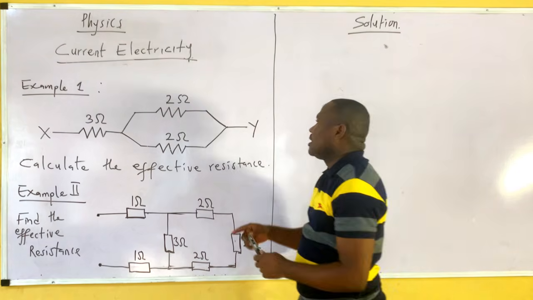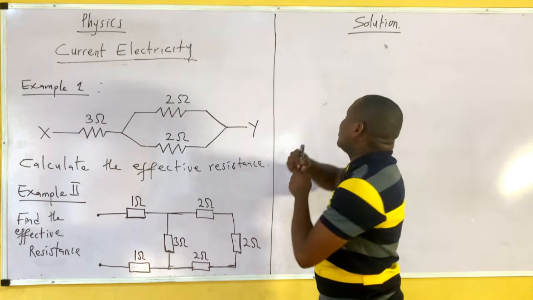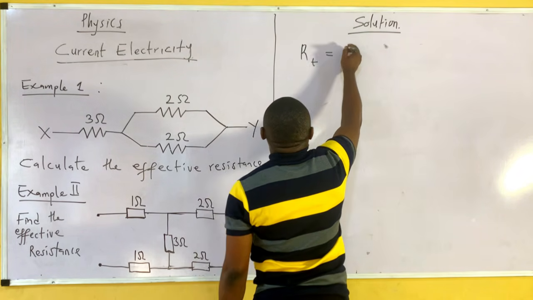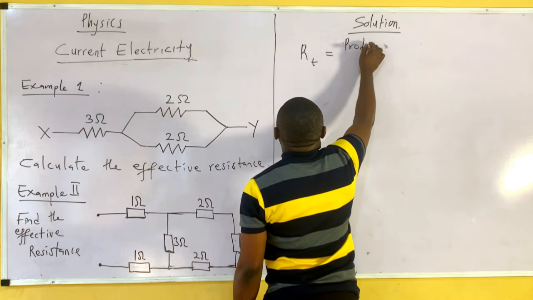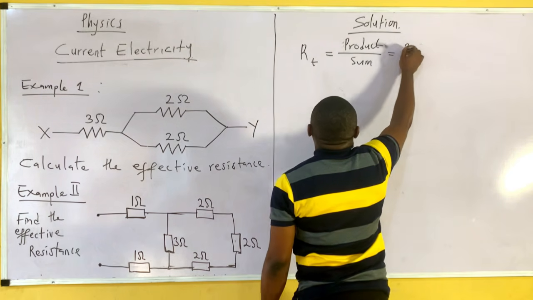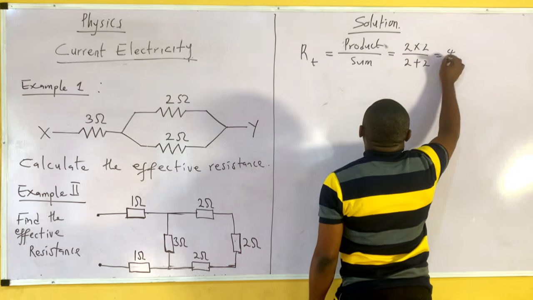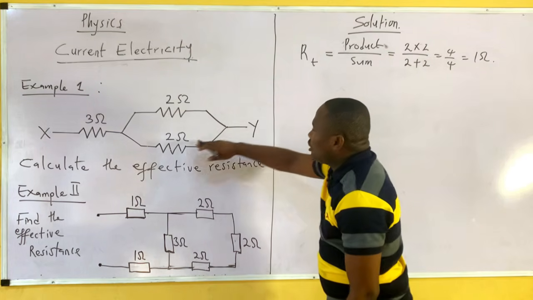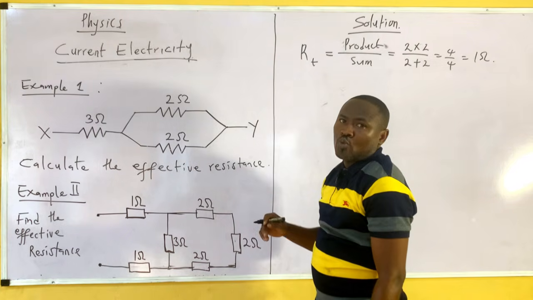In solving this which is in parallel, total resistance equals product over sum, which equals 2 times 2 over 2 plus 2, which is 4 over 4, which equals 1 ohm. So the effective resistance of this is 1 ohm.